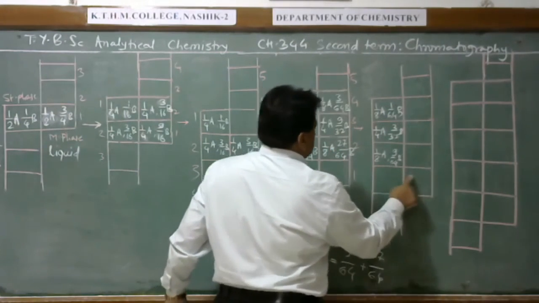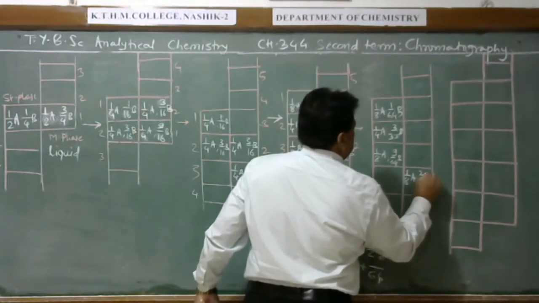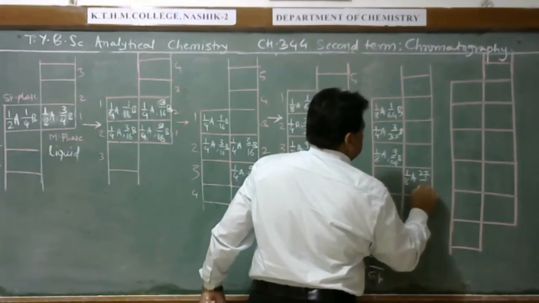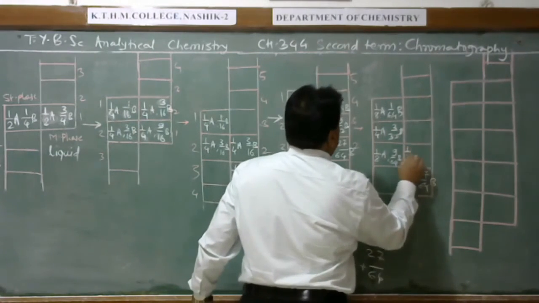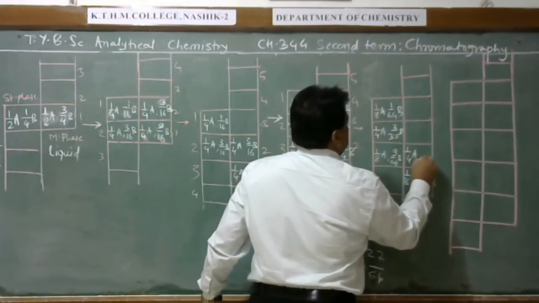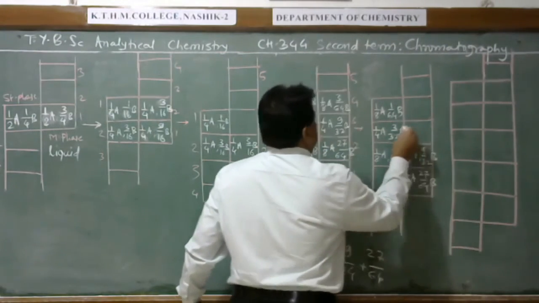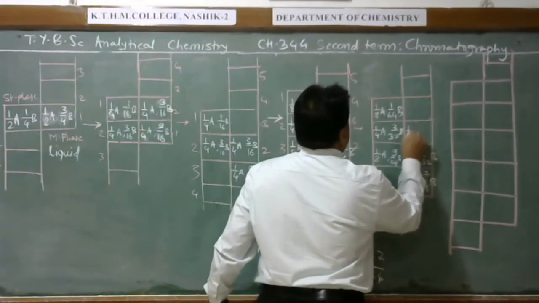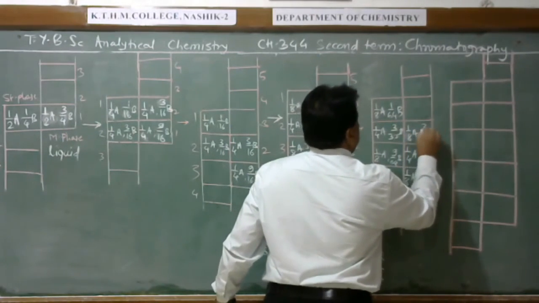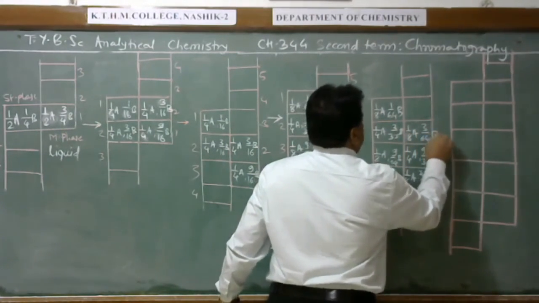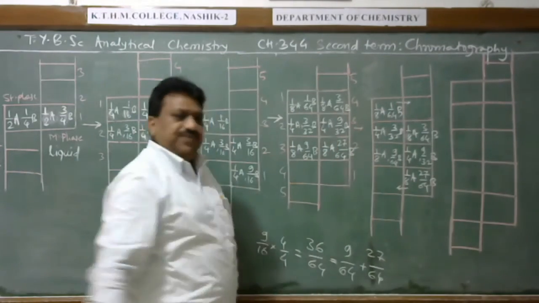Now this box is here: 1/8 A, 27/64 B. Similarly here this box is 1/4 A and 9/32 B. Again here 1/8 A and 3/64 B. Here is pure mobile phase and here is pure stationary phase.